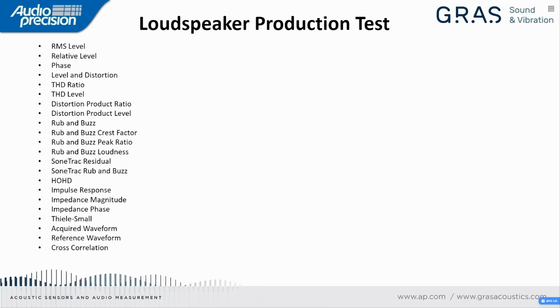And the rub and buzz results in loudspeaker production test are more comprehensive than they are in acoustic response. We also get impedance response, impedance magnitude, and impedance phase response. And we get partial Thiele-Small parameters. In addition to this, we get the acquired waveform, but we also have the reference waveform and cross correlation between the two.